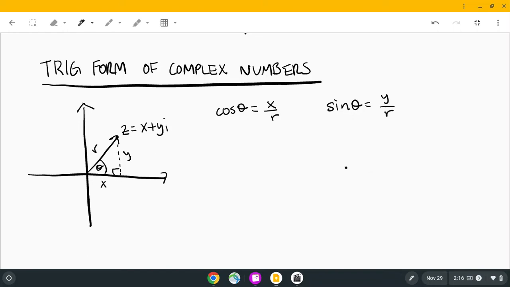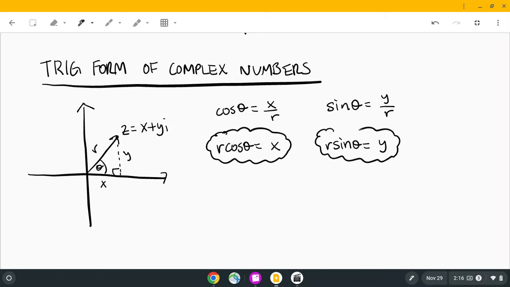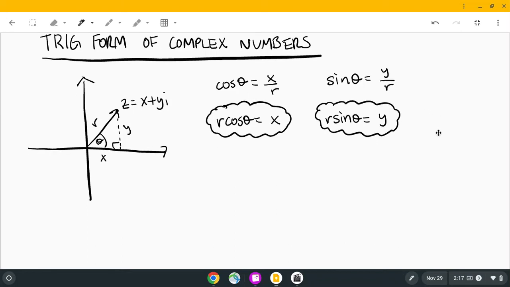Now, if I take this one here and solve for x, I can multiply both sides by r, and I get r cosine theta equals x. And over here, if I do the same thing with this equation, solve for y, multiply both sides by r, I get r sine theta equals y. Okay, so here I have values for x and for y.